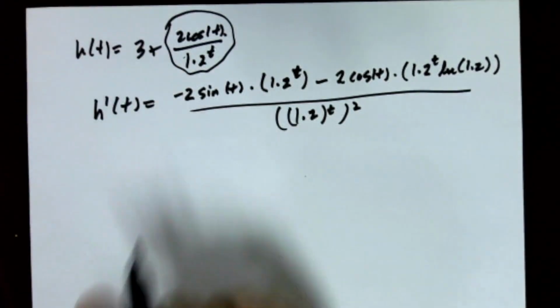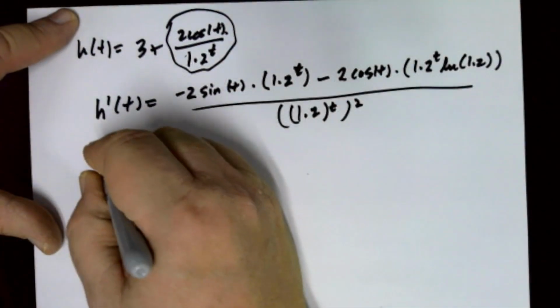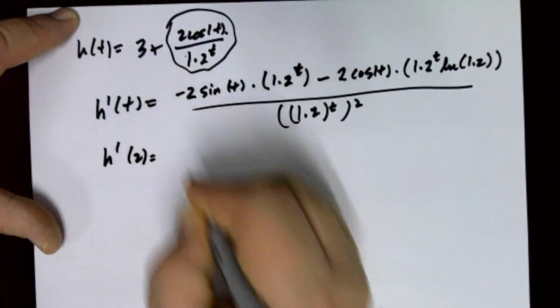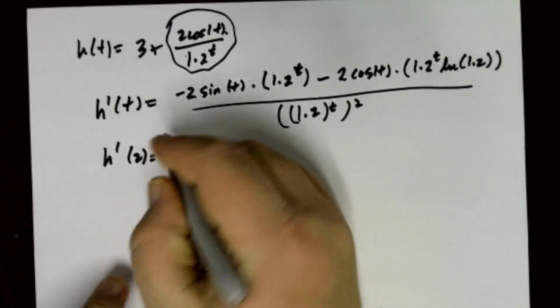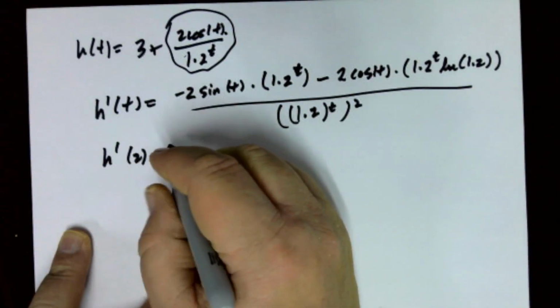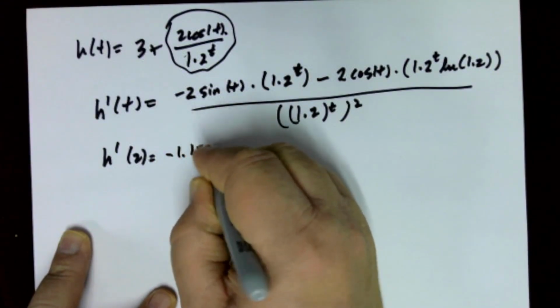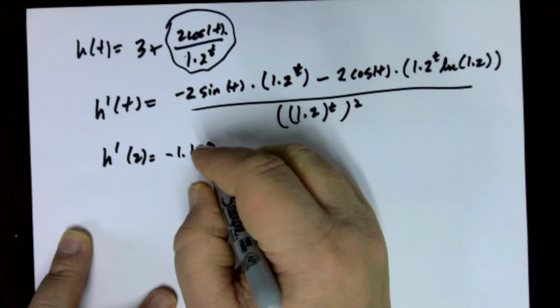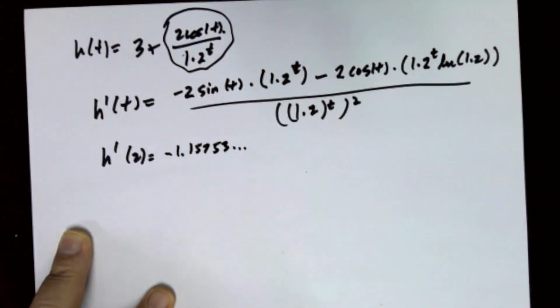Good. Now in order to evaluate this, we have to evaluate it on our calculator. Okay, I think I will pause to do that. All right, so if we compute this, I plug this into my calculator and I get minus 1.15753... Okay.